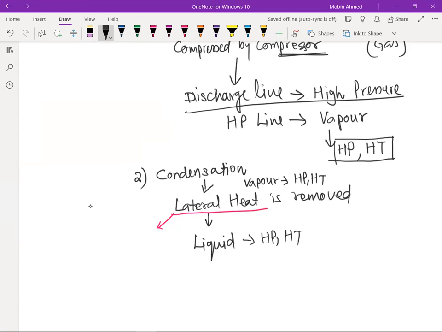So what is the latent heat doing? It is changing the vapor into liquid, and this is known as condensation. What about the pressure and temperature? That is going to remain the same, there will be no change. Only the heat is removed, so it will change from vapor to liquid.